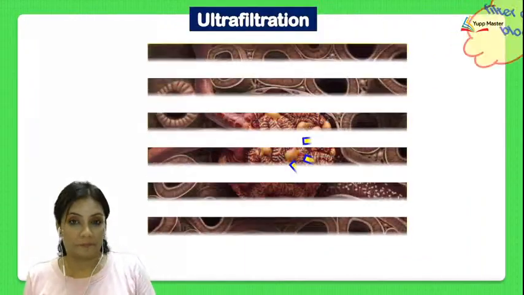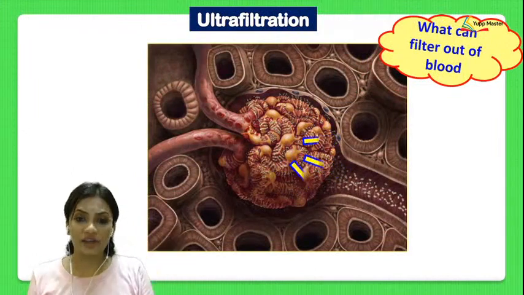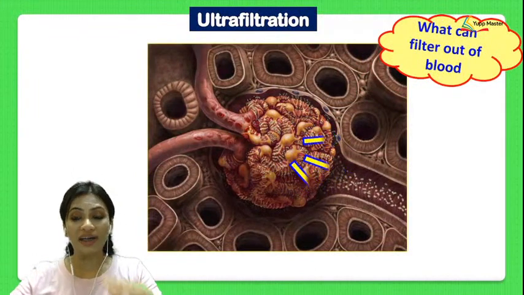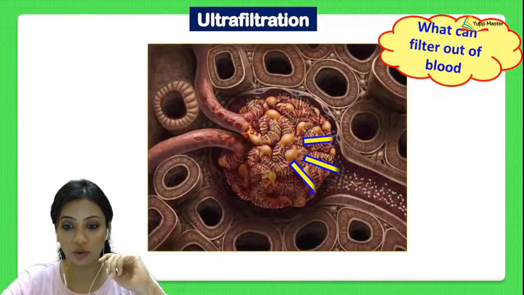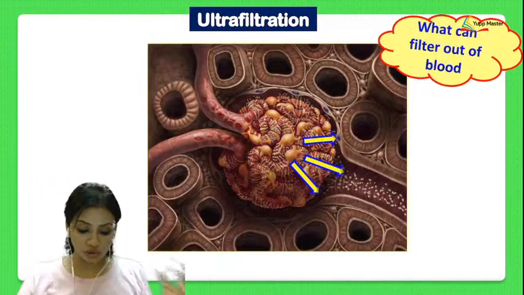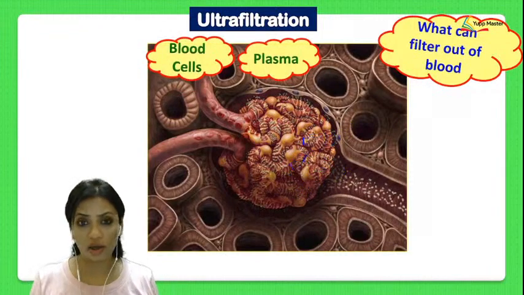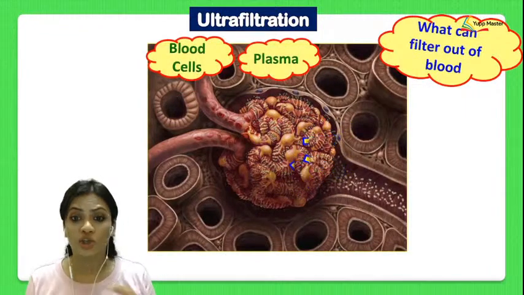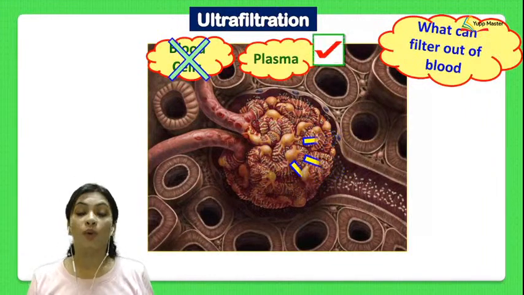Okay. Alright. Now, just what we spoke a little while back, when filtration is actually happening, what exactly are the substances that can filter out of blood? Okay. Which are those substances? Do you think that blood cells can filter out of blood? Yes or no? No, not at all. We don't want blood cells in the urine, so they should not be filtered. What about plasma?